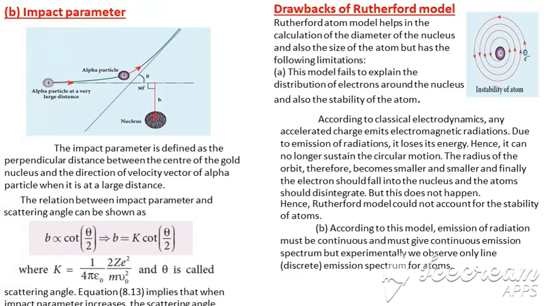Next is impact parameter. An impact parameter is defined as the perpendicular distance between the center of the gold nucleus and the direction of the velocity vector of the alpha particle when it is at a large distance.